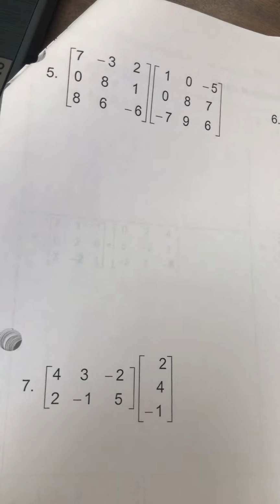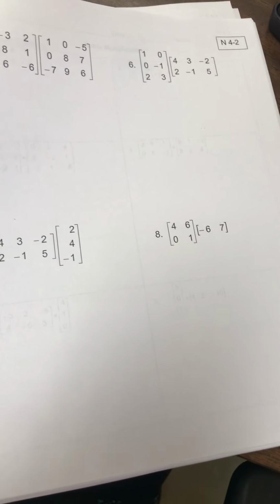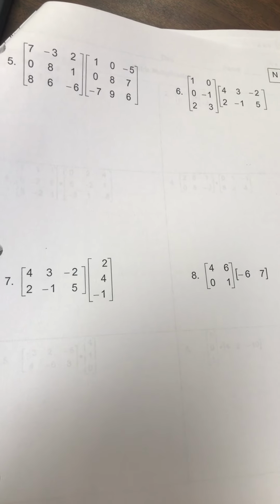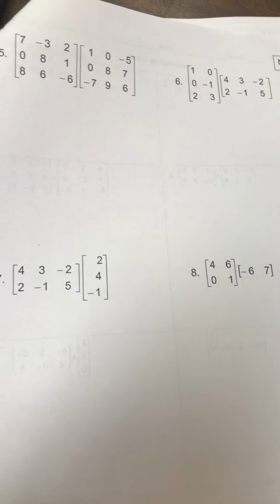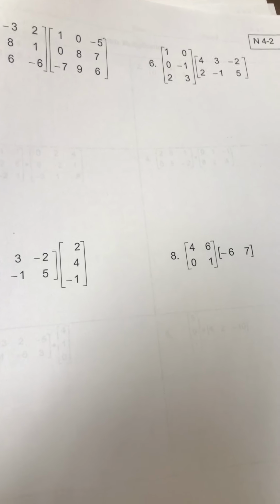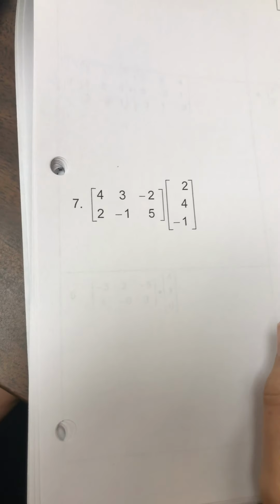All right, so number 5 is long. It's going to be a big one. Let me see if I can do one that's a little bit shorter for the notes. Let's do number 7, okay?